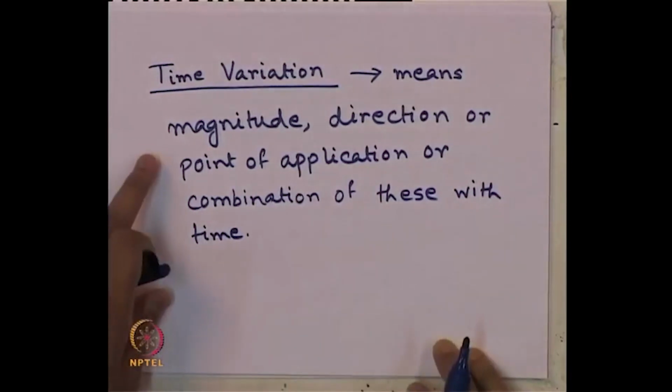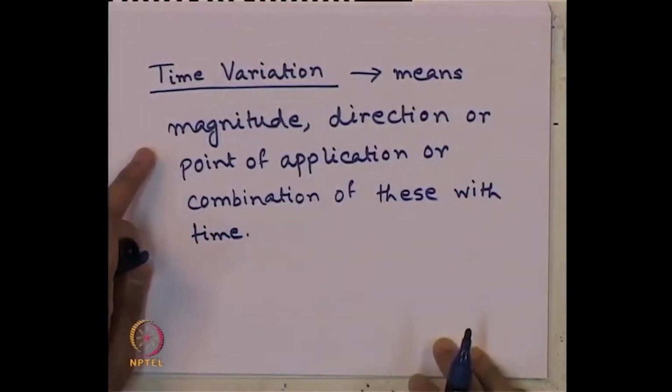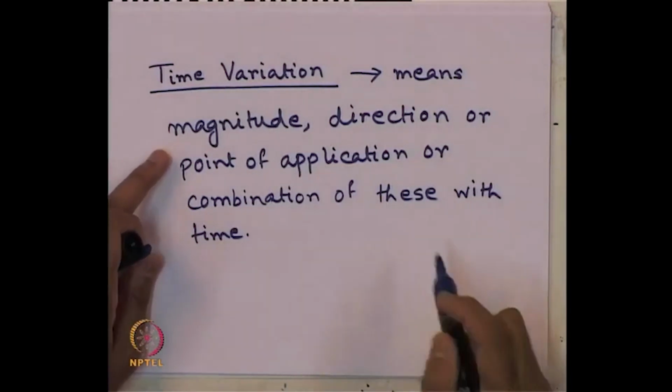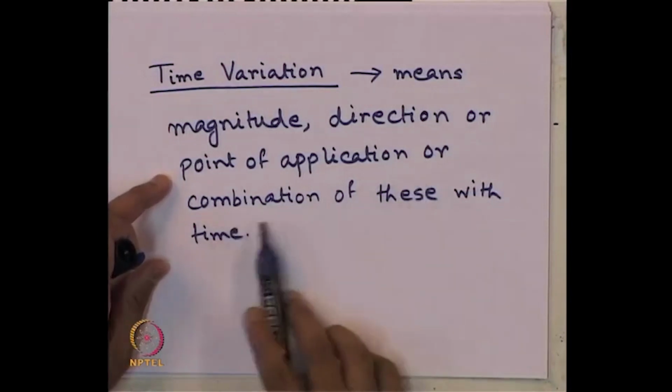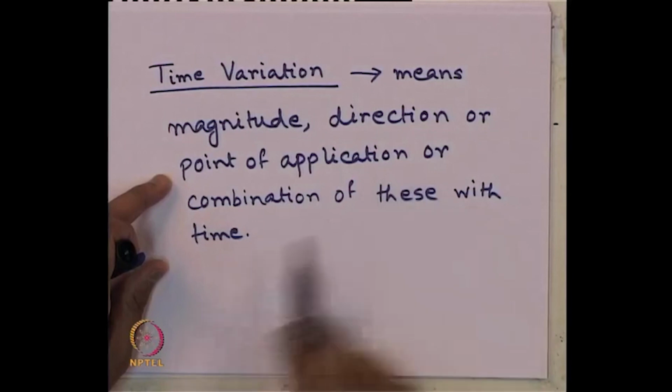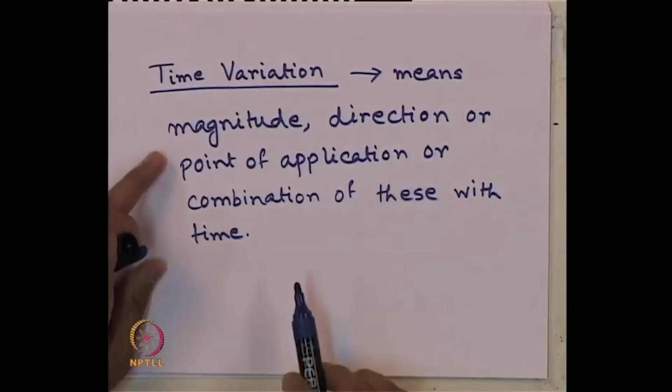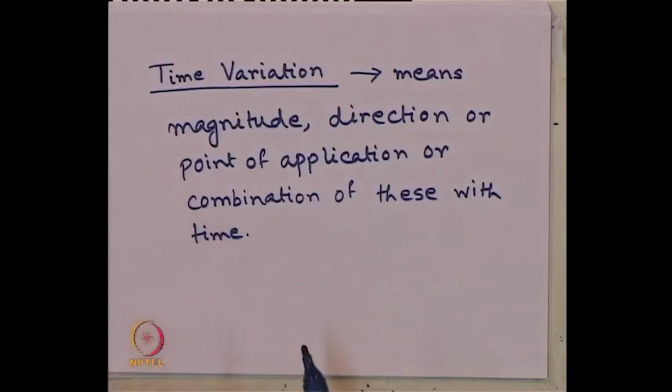What does it mean? If we say that force is dynamic, that means force varies either in magnitude or in direction or in terms of point of application, or any combination of these, with respect to time. Similarly for displacement, similarly for stresses and things like that. So, that actually means a dynamic problem.